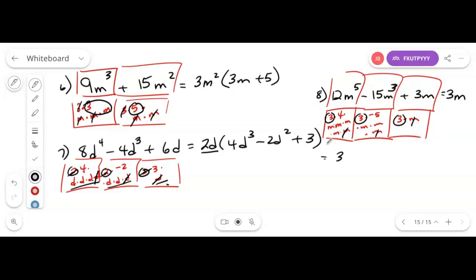So this is 3m times, if I take a 3 and an m out of every box, there's 4m to the 4th minus 5m squared plus 3.